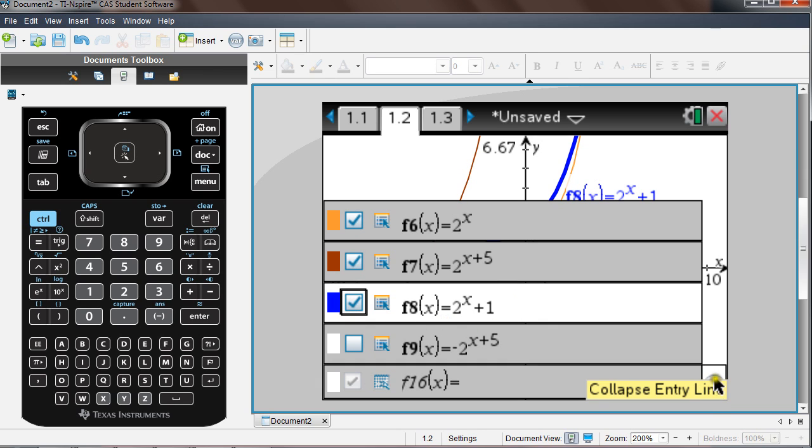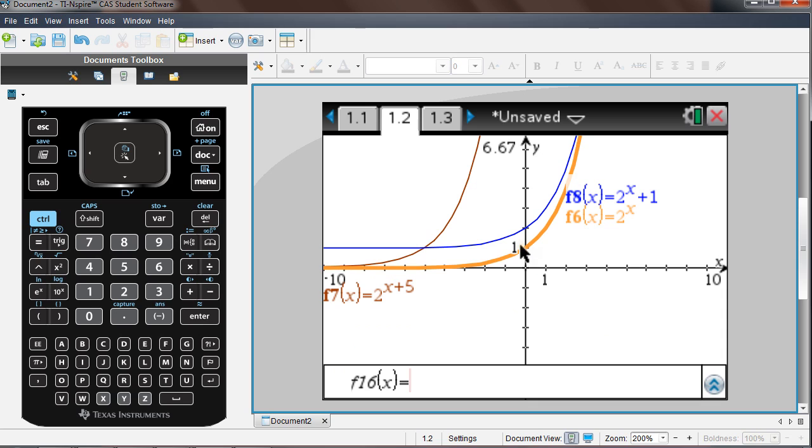Back to blue. It's a little hard to see, especially over here where the gap narrows, but every point is moved 1 up. Here, it's moved 1 up.